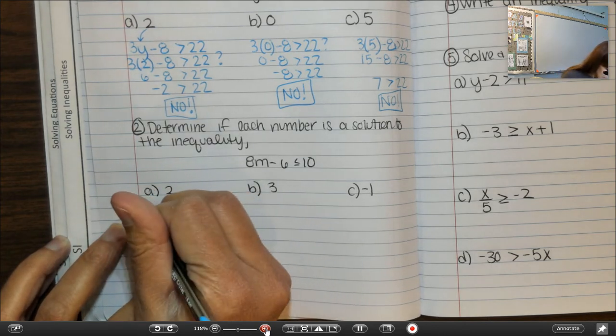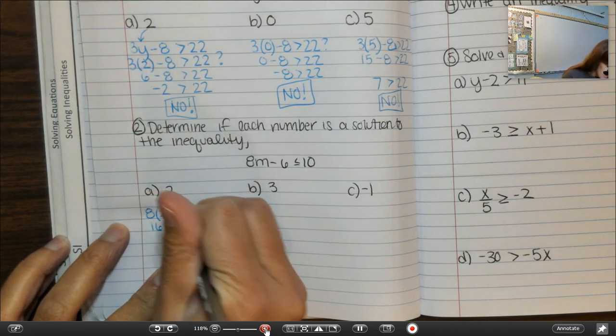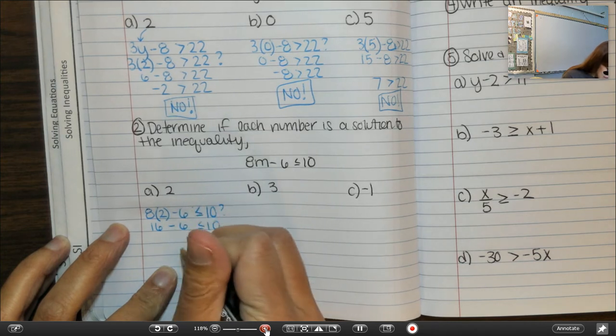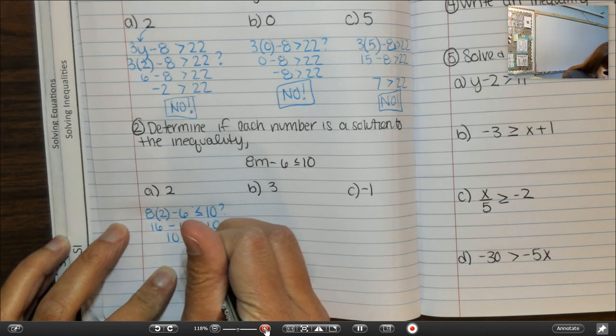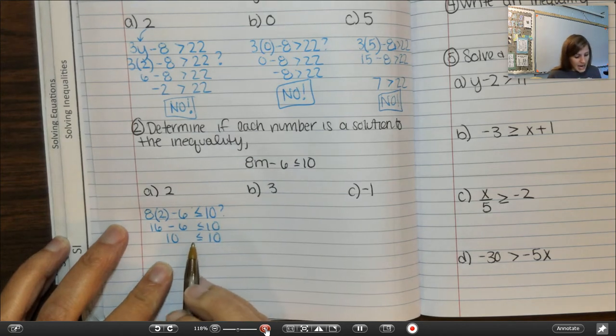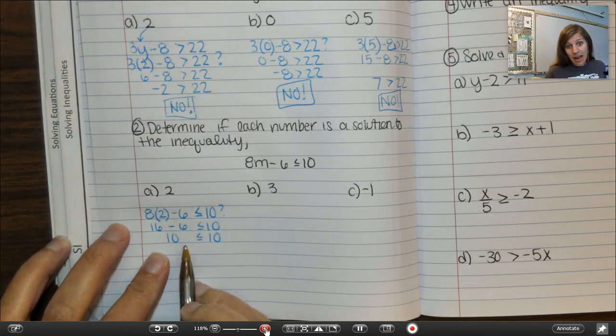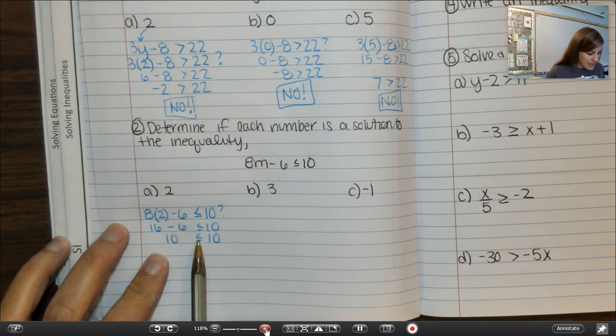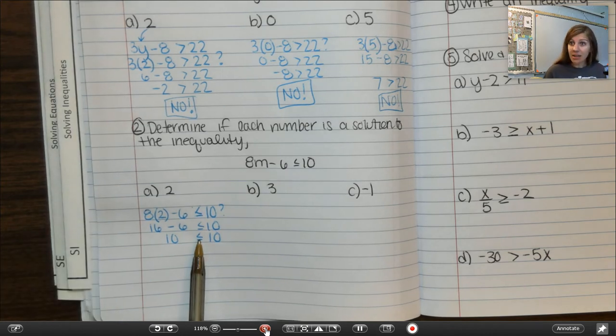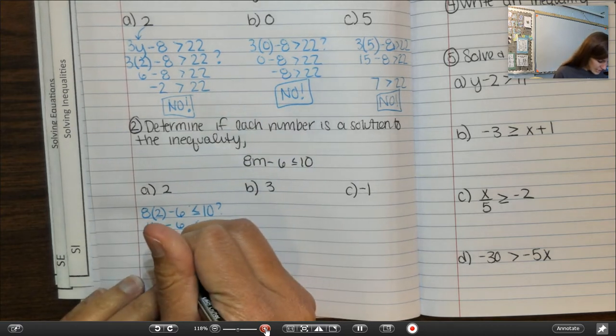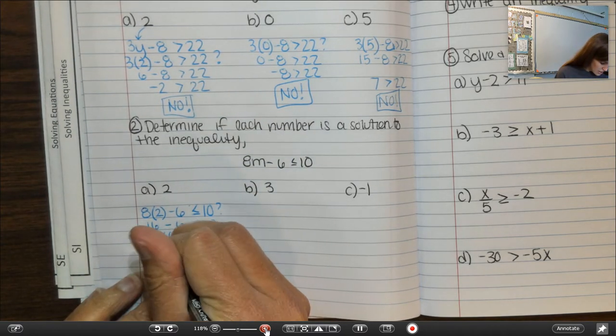So 8 times 2 is 16. Minus 6 is 10. And so I'm not less, but I am equal to. And this symbol says you can be less than or you can be equal to. So since I'm equal to, yes, this is a solution.